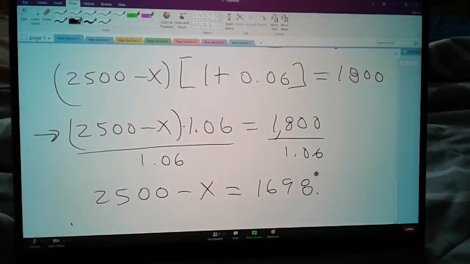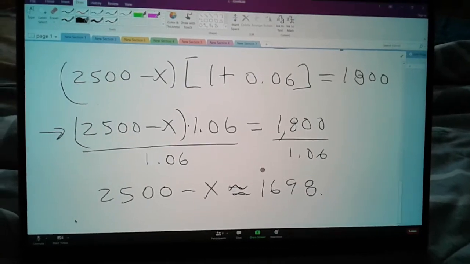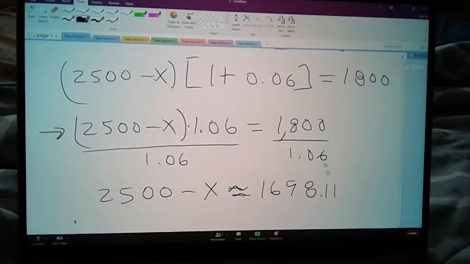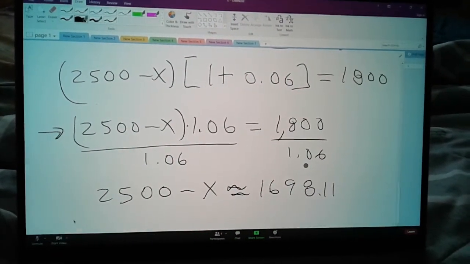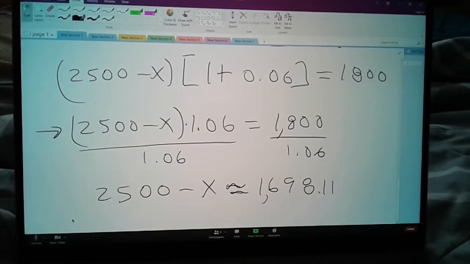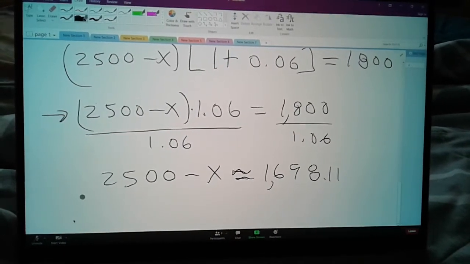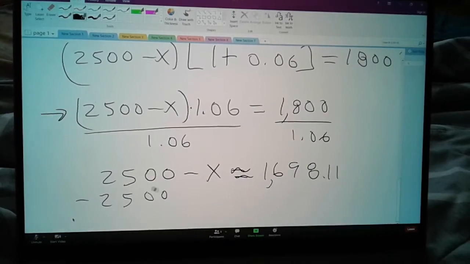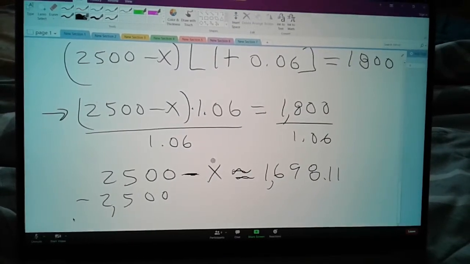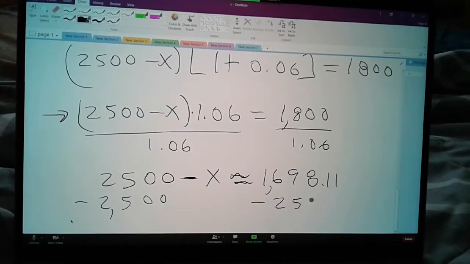It's only approximately that much. So 1,800 divided by 1.06 is 1698.11. So then we just have to subtract 2,500 from both sides and divide by -1 at the end.